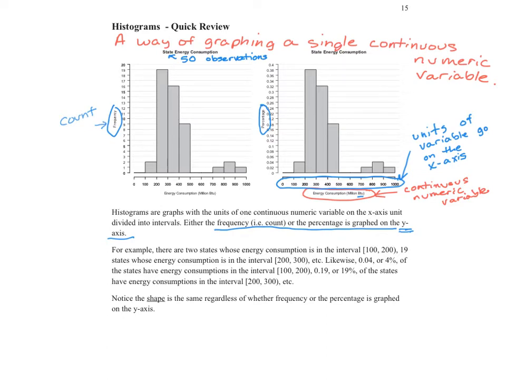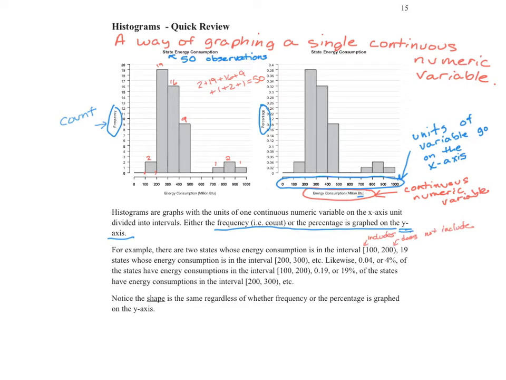And so if you look at this graph, you can see that there are two states between 100 and 200, 19 states between 200 and 300, 16 in this interval, 9 in this interval, 1, 2, and 1. And if you add those numbers up, you'll see that they add up to 50.